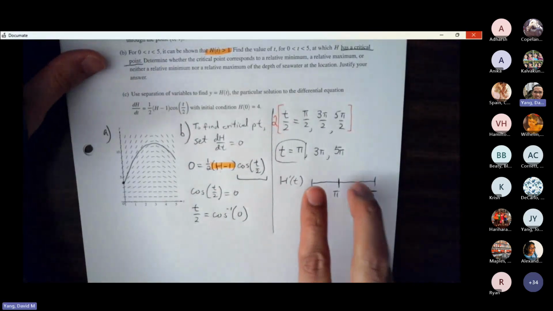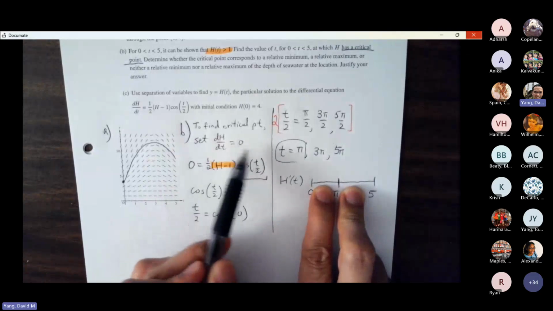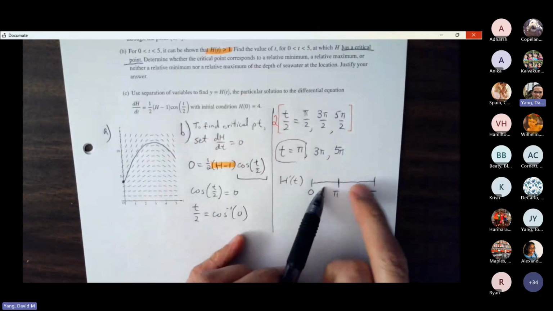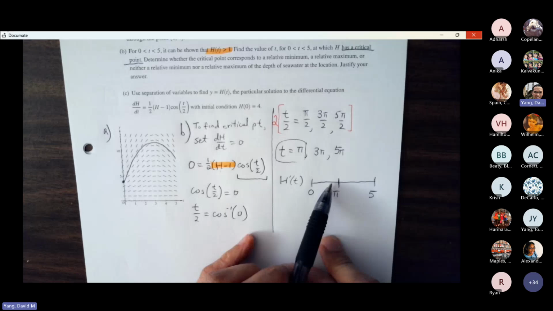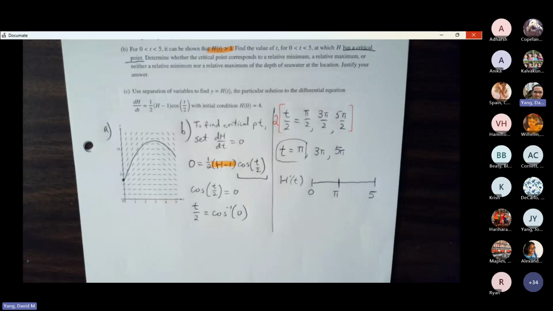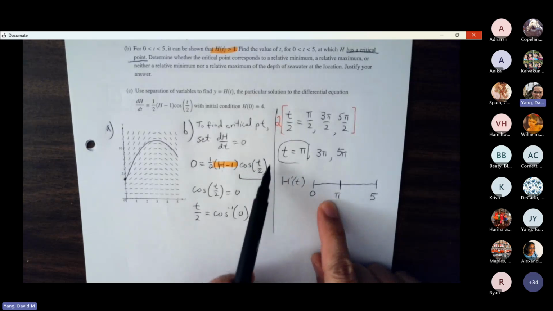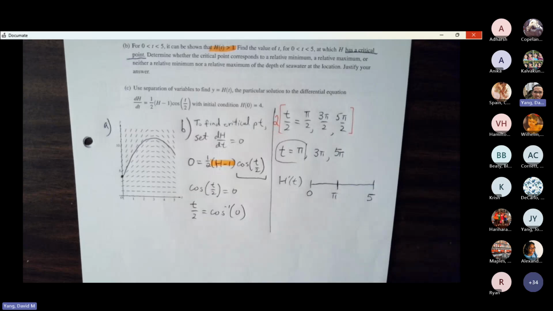I'm going to test my values against h prime to see whether I get a positive or negative slope, so I can decide whether this critical point is a relative max or relative min. This is without a calculator, so it's easier if I can find something that is a unit circle value to test.